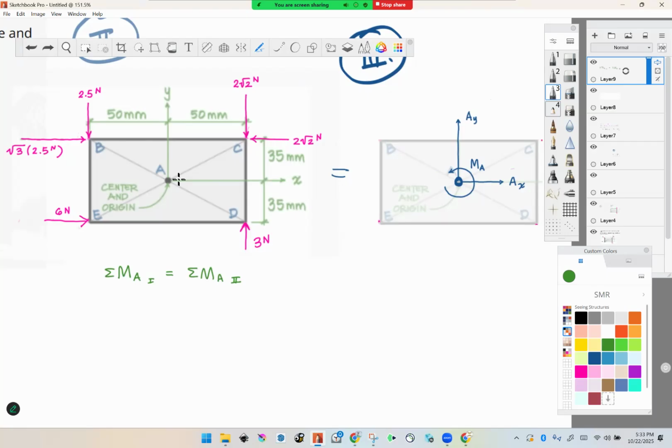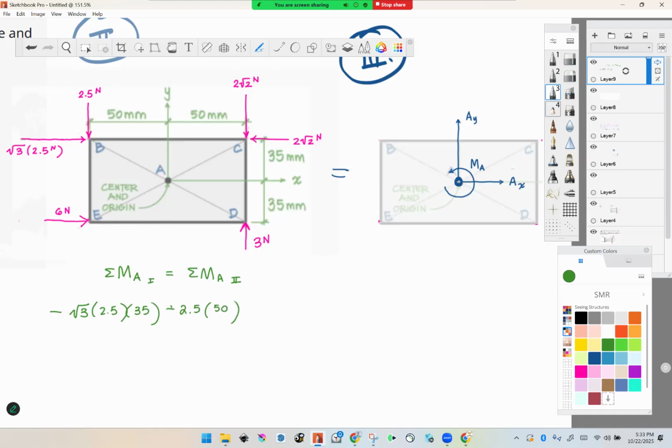So in system 1, I'll just do one term at a time. So first term, root 3 times 2.5 newtons. That one has a moment arm of 35 millimeters and the sign is negative. Next term, 2.5 newtons. That one has a moment arm of 50 millimeters.